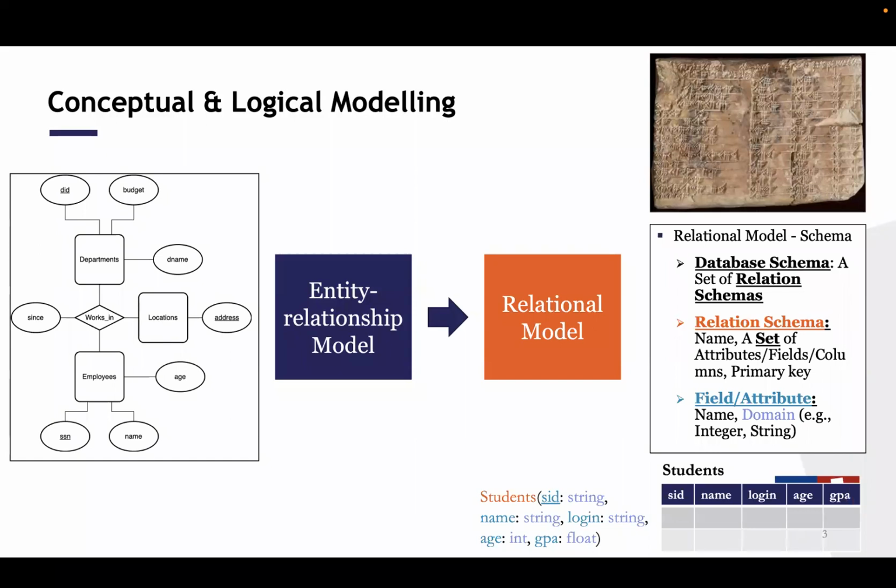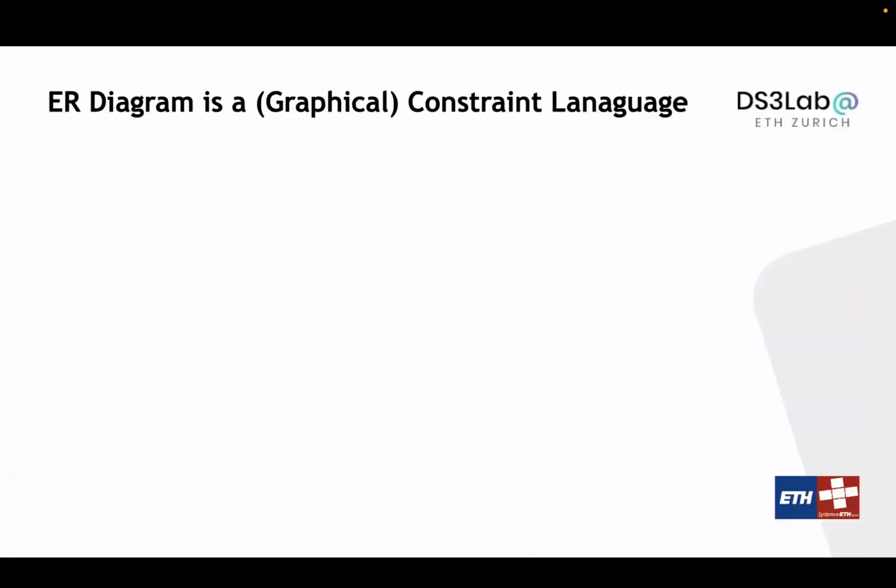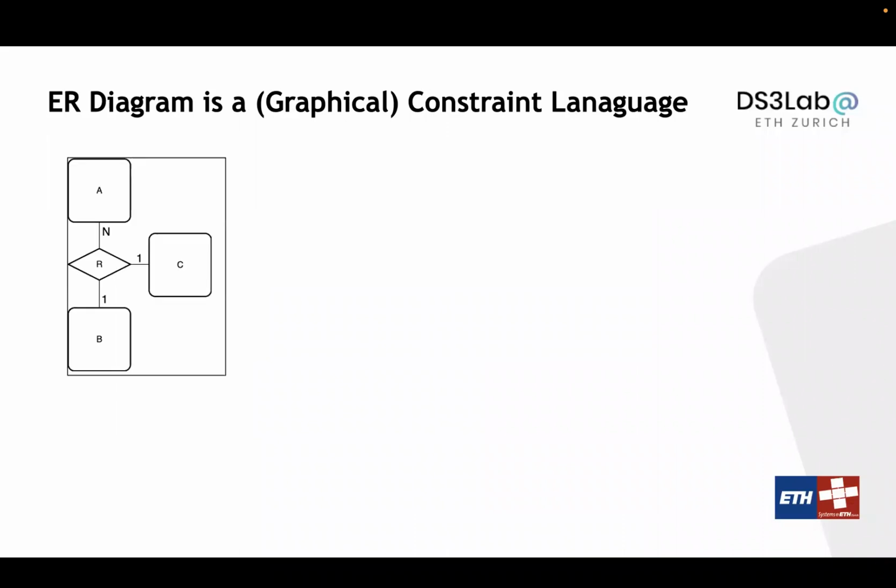Given one application, we talk about how to model it in a conceptual way, and we have spent a couple of lectures on how to translate that conceptual model into a logical model that you are able to implement inside your database system. If you look at this process, it's relatively simple. The way to think about an ER diagram, a conceptual model, is as a language for introducing constraints.